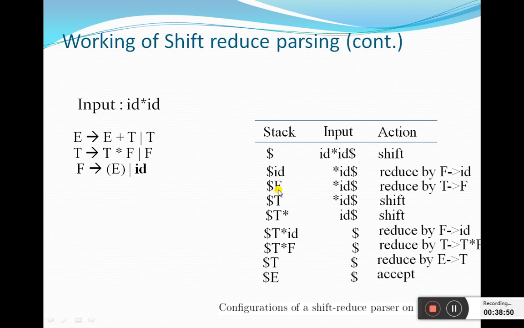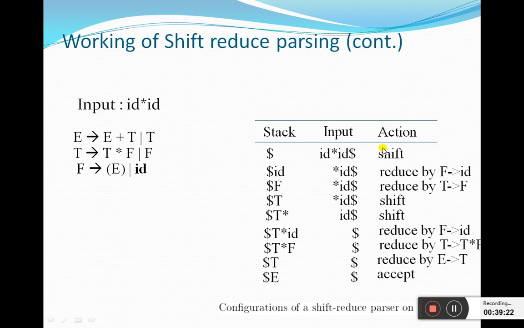So the next sentential form will be F star ID. The next sentential form will be T star ID. Then shift action is there. So once I replace ID by F, I'll get one more sentential form T star F, then T star F to T, T to E.